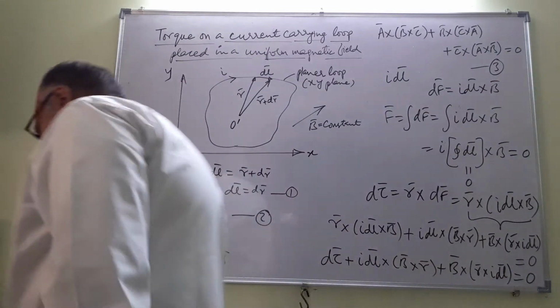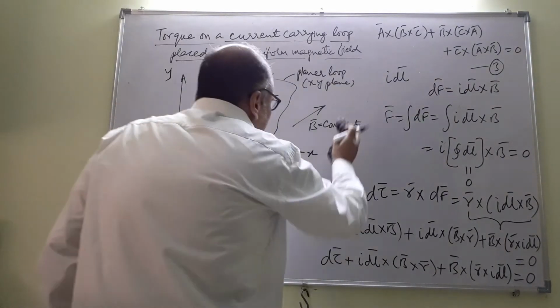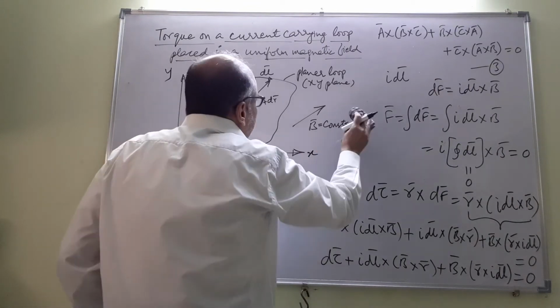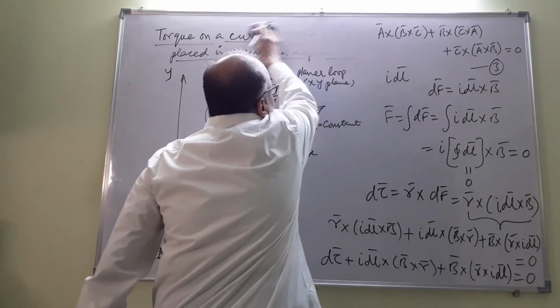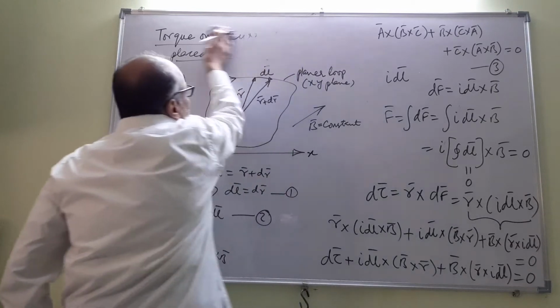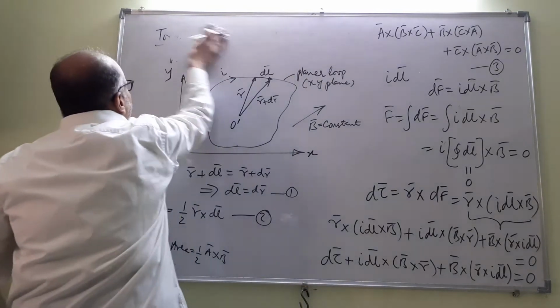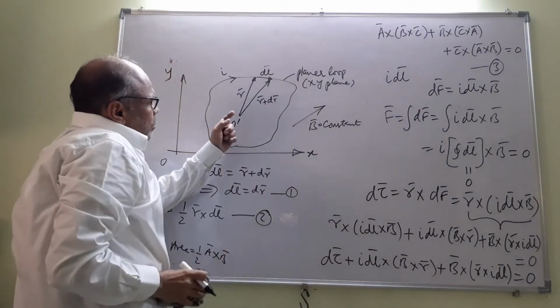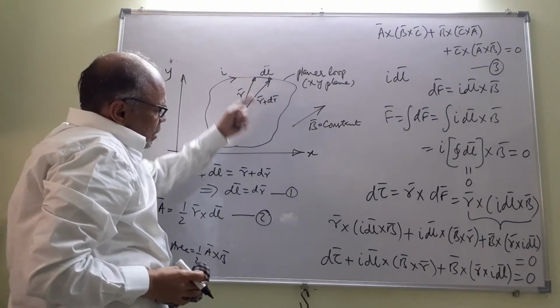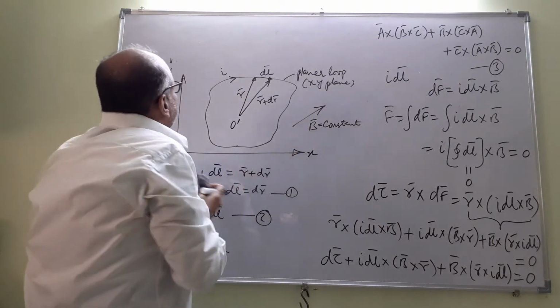Now we are going to do a small manipulation. See, the vector R is given and B is a constant.